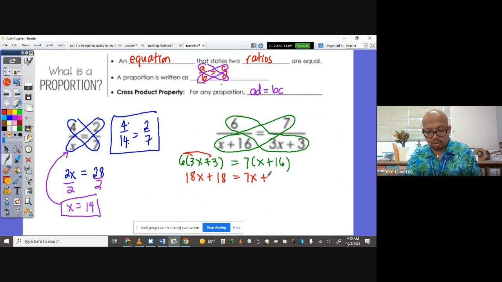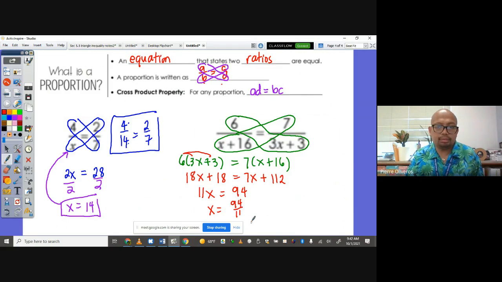Let's multiply it. 7 times 16 is 112. I'm going to subtract 7x here. That will give me 11x here. And 112 minus 18 will give us 94. Divided by 11, that will give us 94 over 11, or approximately 8.5. Easy, right?